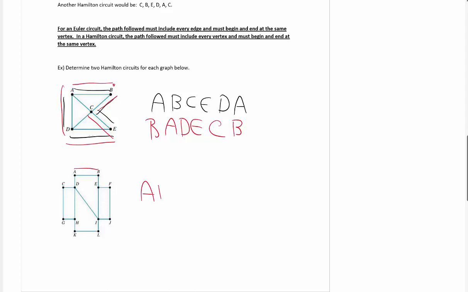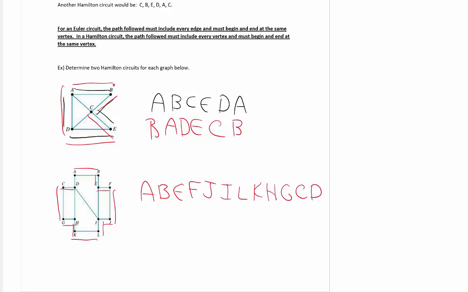So I can do A to B, B to E, E to F, F to J, J to I, I to L, L to K, K to H, H to G, G to C, C to D, and then D to A. So again, I start and finish at A, and every vertex is included here.